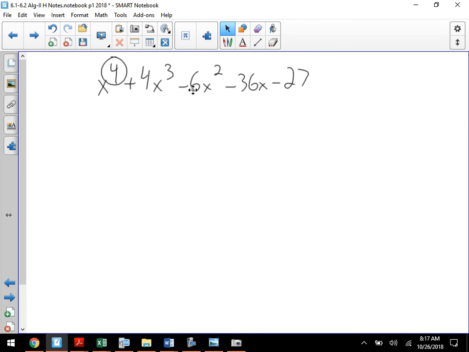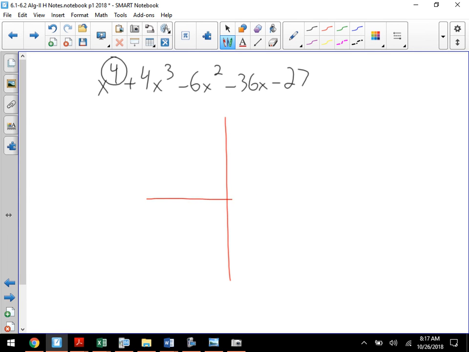I can look at this function, and I know what my tails are doing. Up, up. Very good. My tails are up, up. First term's positive. Exponents are even. I can look at this, and I don't know what's going on in the middle, but I know my tails have to do that somewhere.